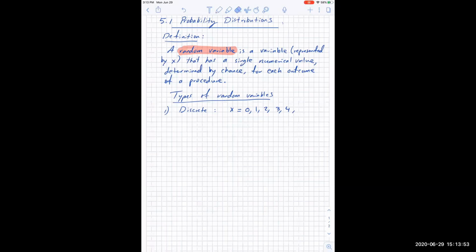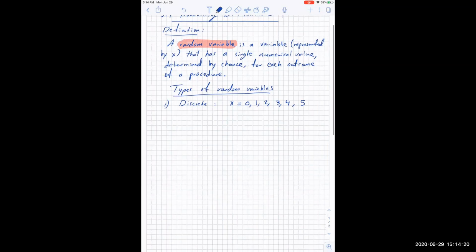So you conduct an experiment. The value of X is determined by the outcome of the experiment, but those values that we have for X are whole numbers. When the value of X is a whole number, then it is considered a discrete random variable.